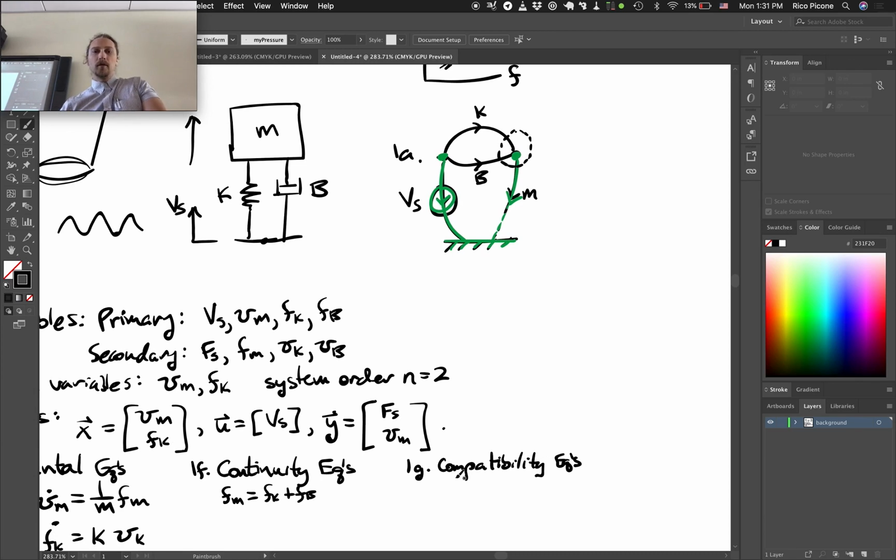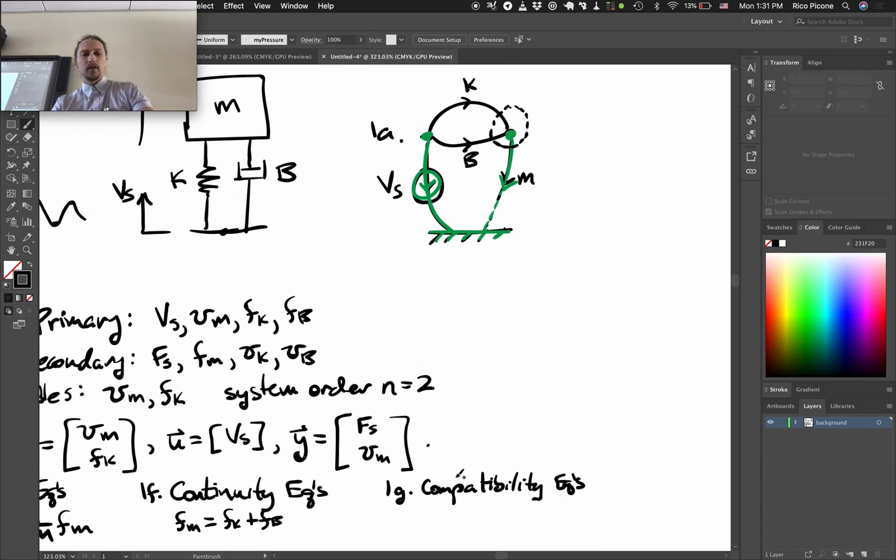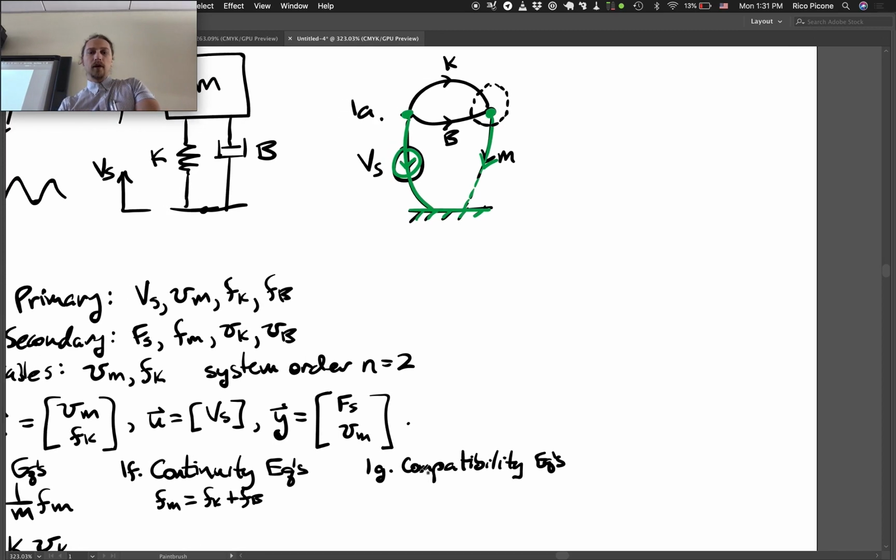So we'll write one for K, in terms of the across variable associated with the link. So Vk equals, thinking of this like vector addition, Vs minus Vm.